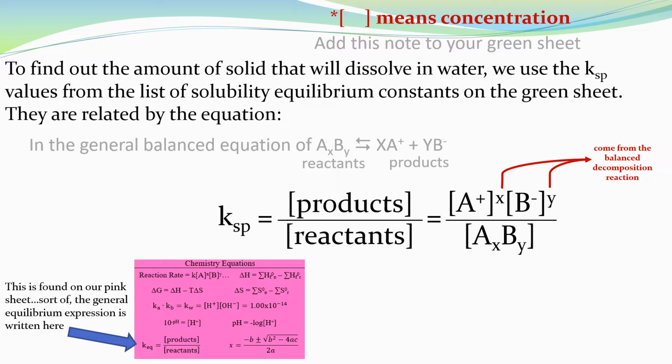The second thing to note is that the reactants in KSP will always be eliminated, and that's because solids do not have a concentration. Solids and liquids do not have concentrations and will always be eliminated from equilibrium expressions.